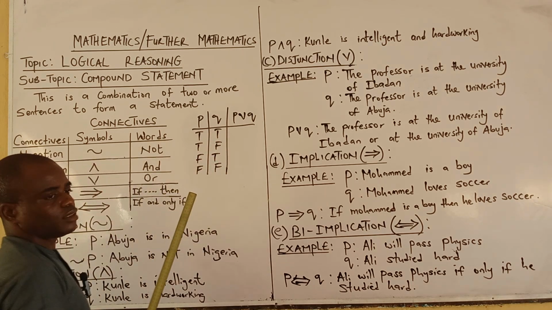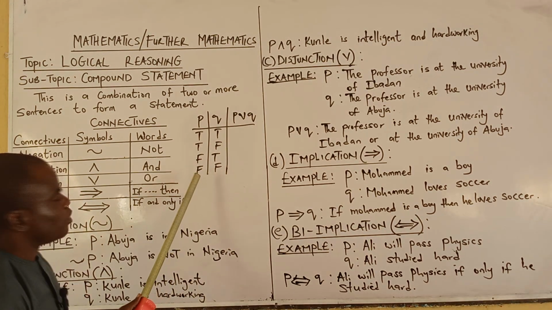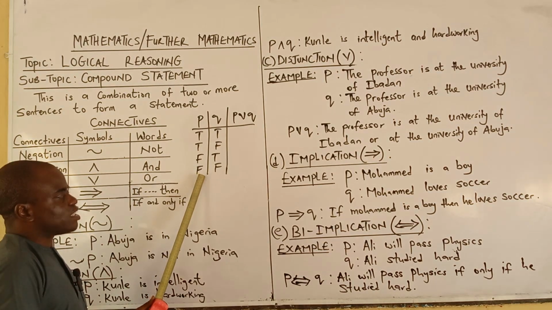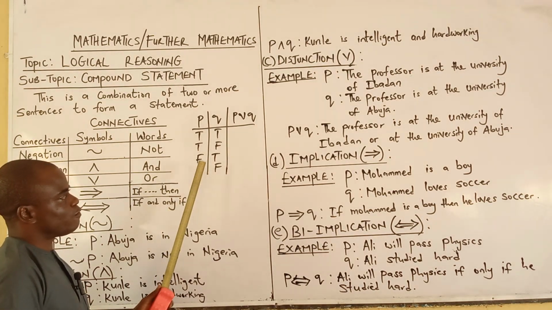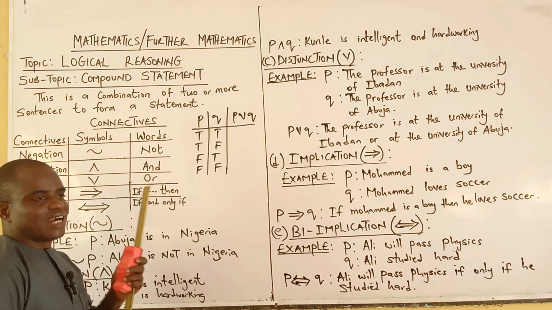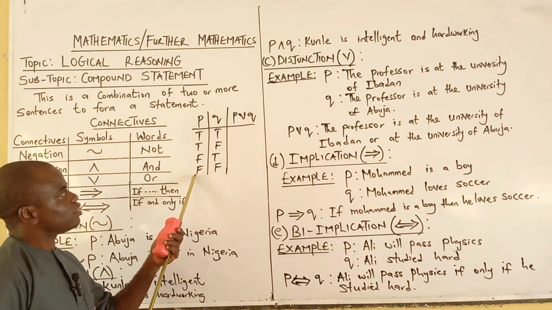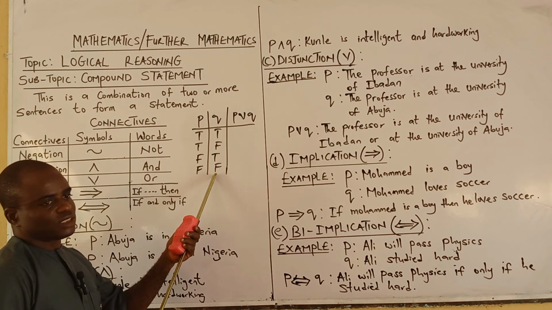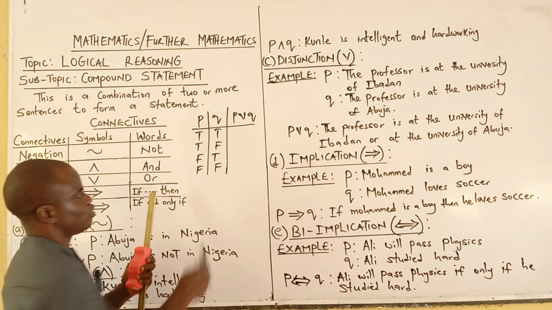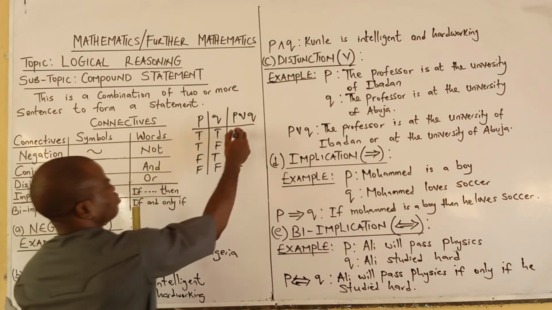The condition goes thus: the statement is false if the antecedent, which is the first sentence, and the consequent, which is the second sentence, are false. Otherwise, it is true.